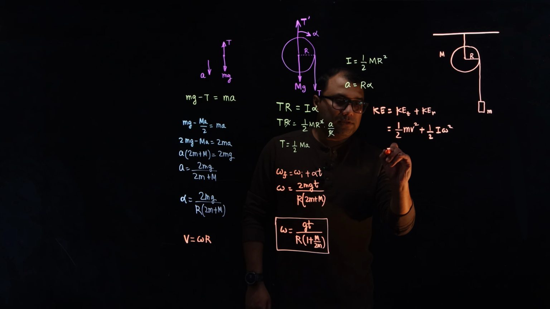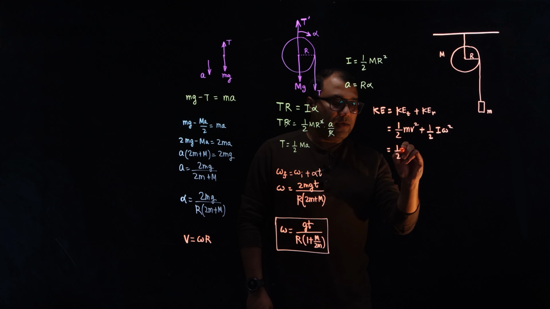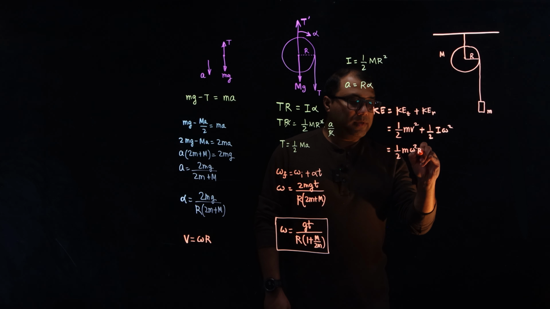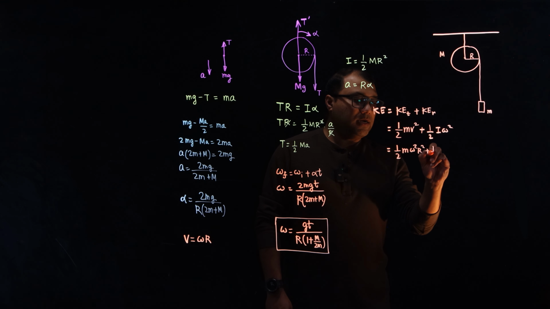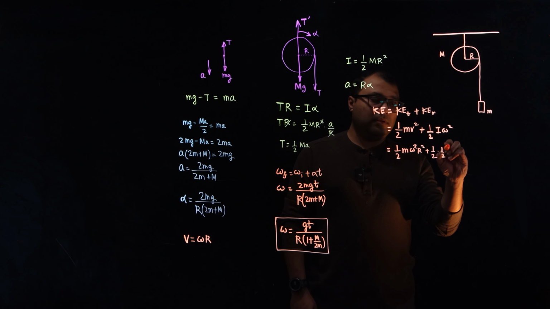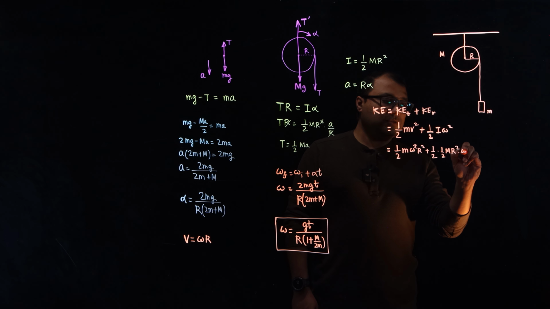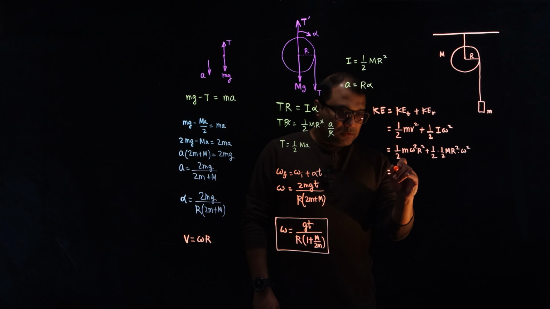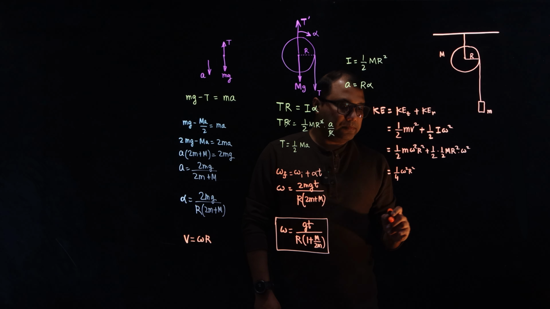So this becomes half m omega square r square plus half I, which is half M r square, omega square. So let's do this. 1 by 4 omega square r square, let's take common.